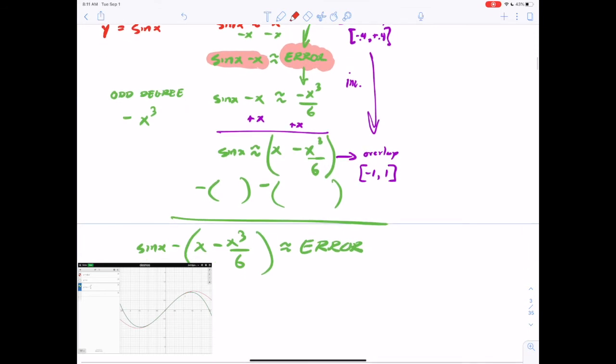So here we go. I'll graph it for you guys. So this is going to be sine x minus the quantity of x minus x to the third all over 6. Okay, and I'll use black just to keep the same pattern. The black function here is our error.